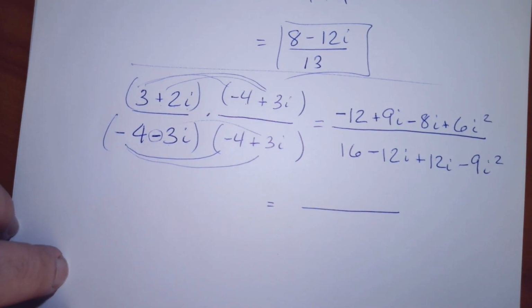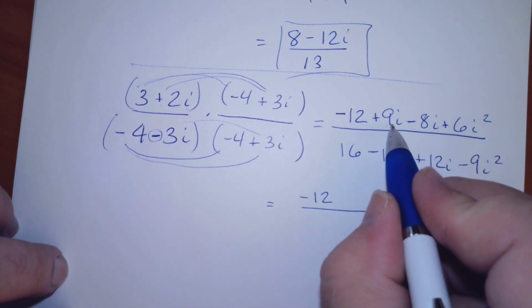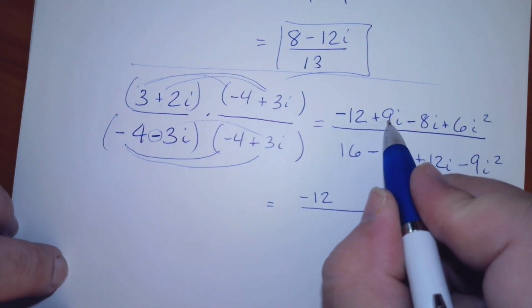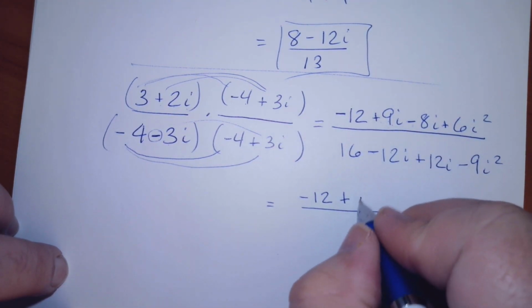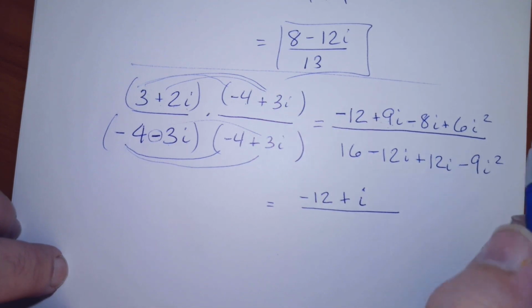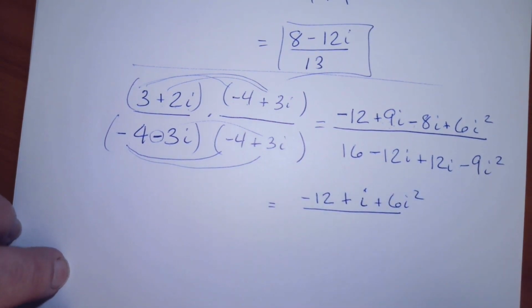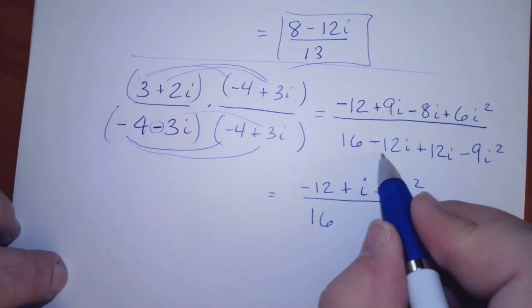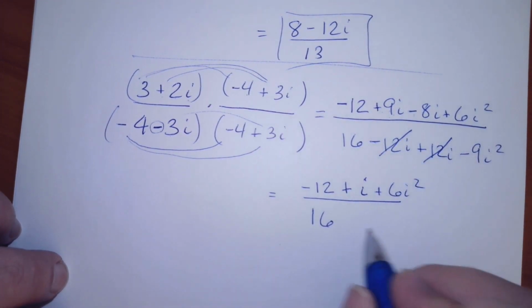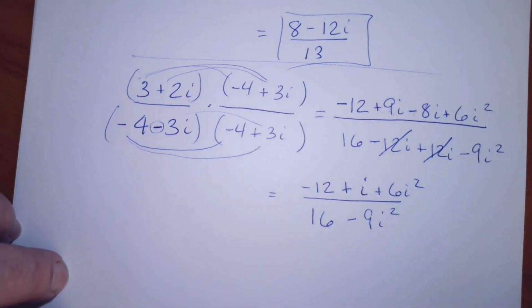Combine like terms. Negative 12. Positive 9i minus 8i. Since 9 is bigger, it's going to be positive. 9 minus 8 is 1, so it's just i. Plus 6i squared. 16, negative 12i, positive 12i cancel, minus 9i squared.